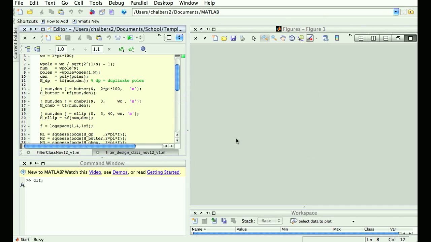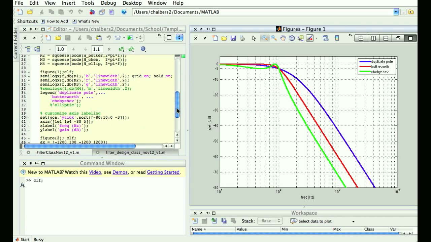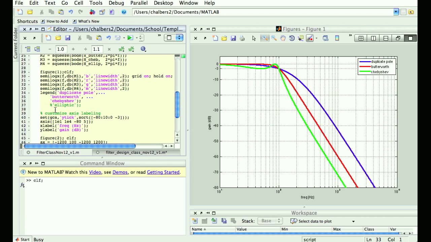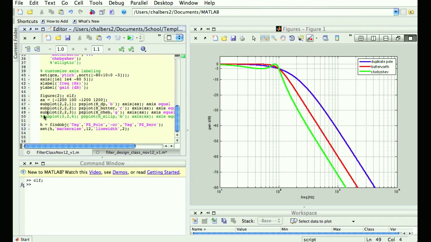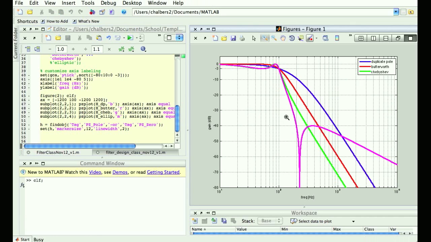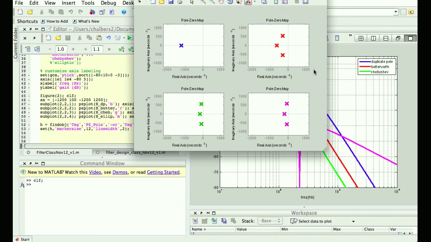Okay, so here's what I've done. We have a simple exercise, and that is to build a low-pass filter with a cutoff frequency of 100 hertz. Okay, that's all we're trying to do.